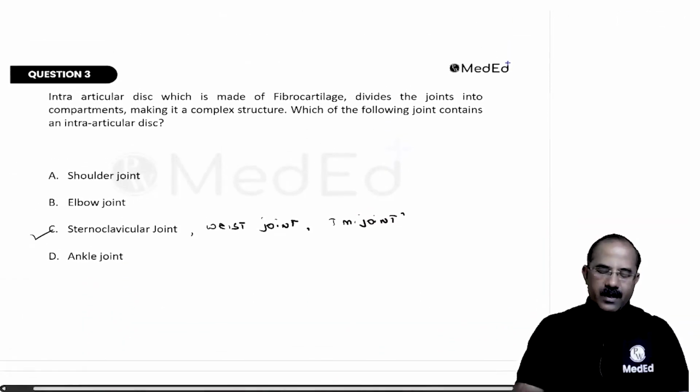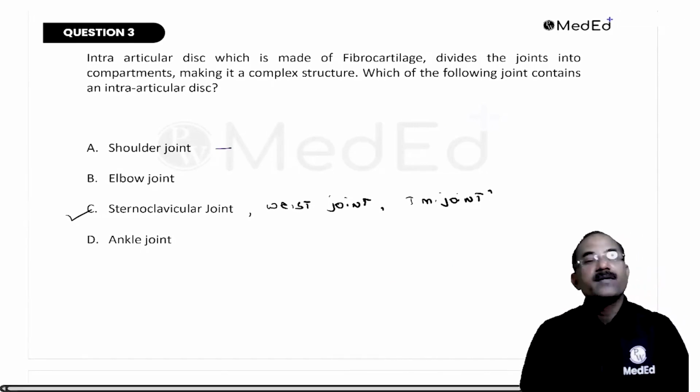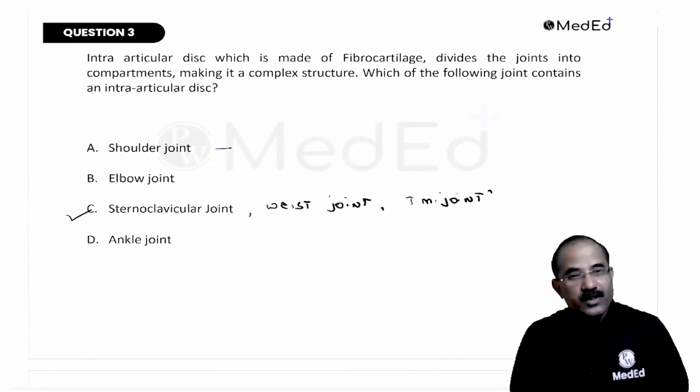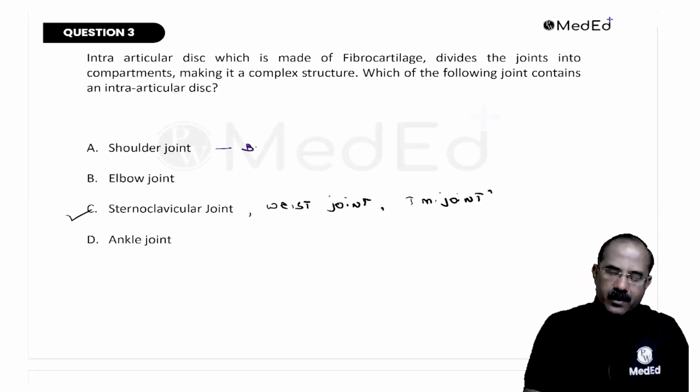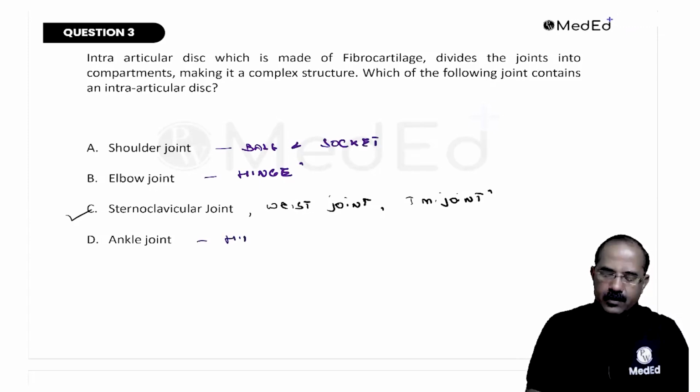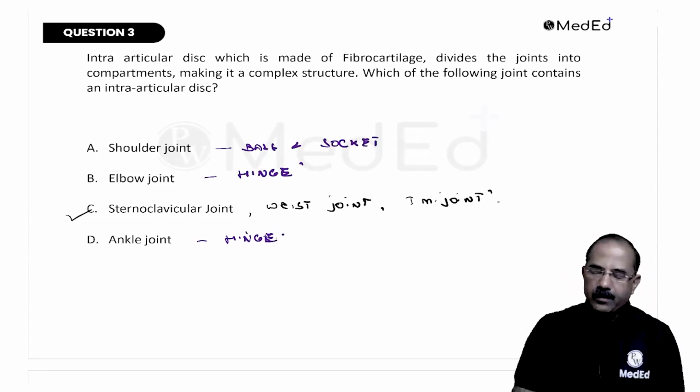Perfect. Tell me, shoulder joint: what is the type of joint? Yes, it's a ball and socket joint. Elbow joint is a hinge joint. Ankle joint is a hinge type of synovial joint.